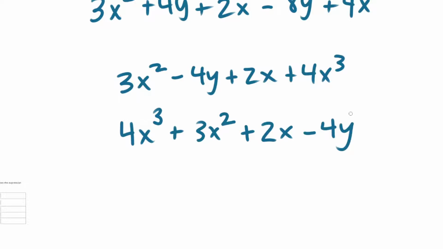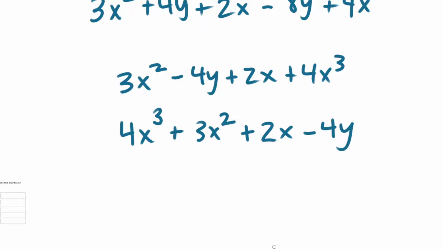So we won't add all these degrees together to find the degree of the polynomial. We look at the leading coefficient, which is this 4 here, and then we look at the leading term, which has the highest degree. So this is a polynomial of the third degree.